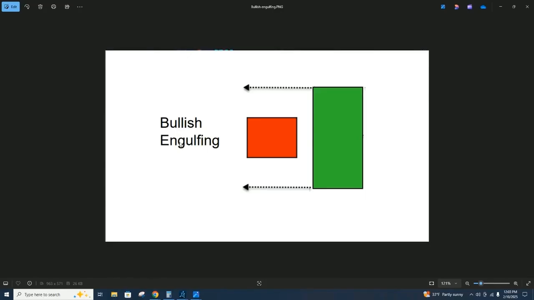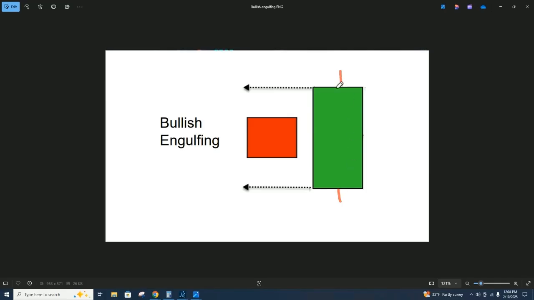Engulfing candles are the most bullish and bearish candles. What makes it an engulfing candle? The body of the candle needs to engulf the body of the previous day. This is a green candle, so that means the stock opened here and it closed there. It's not the shadows or wicks.